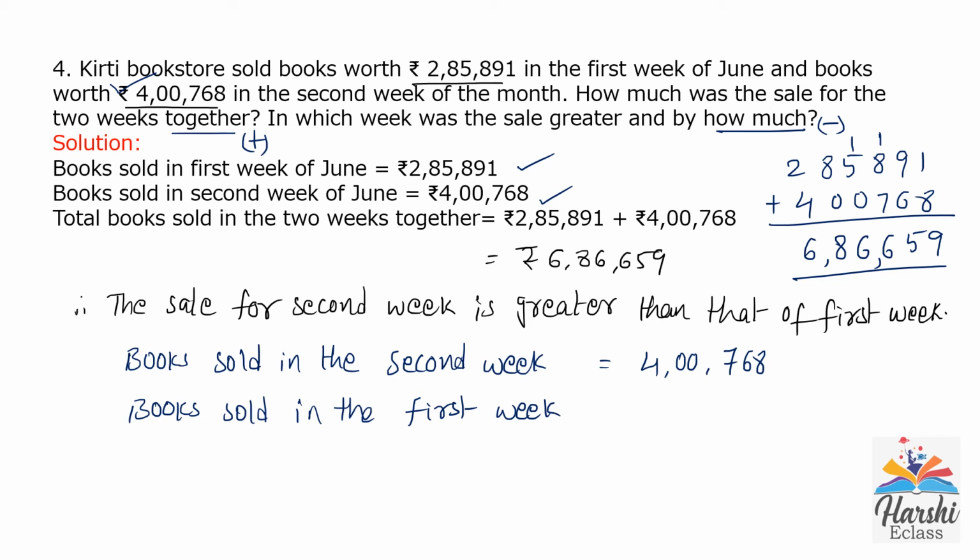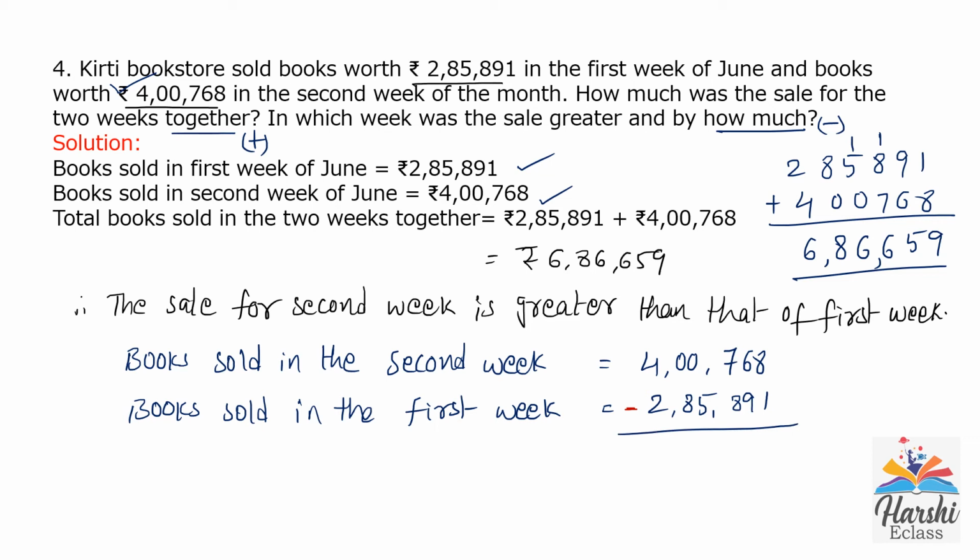While doing the subtraction, always the bigger number will come at the top. For finding the difference between these two numbers, we are going to do subtraction. Now do the subtraction.